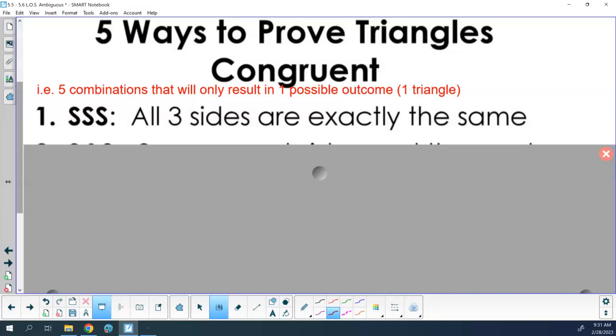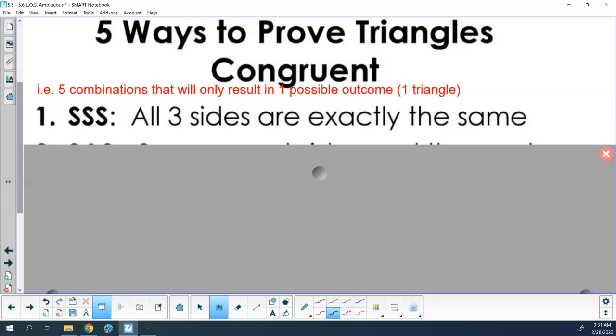Okay? Which for us, this week and next, is going to mean if you're given the 3 sides of a triangle, there is only 1 triangle. Okay?